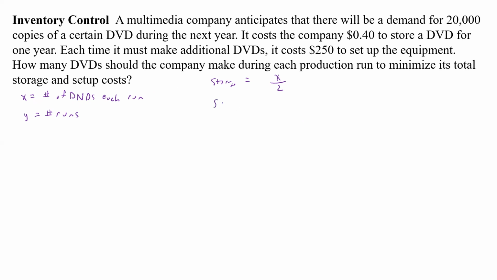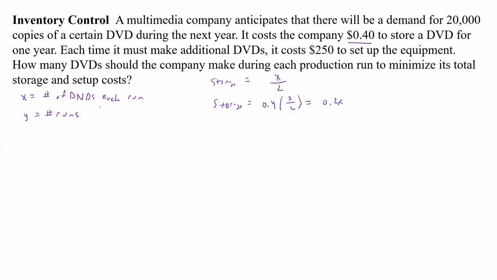Storage then is going to be 40 cents per DVD times x over 2. And so the 2 will go in here, and that'll be 0.2x. So that's going to be our storage cost.